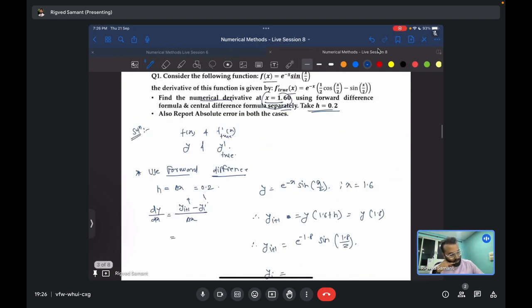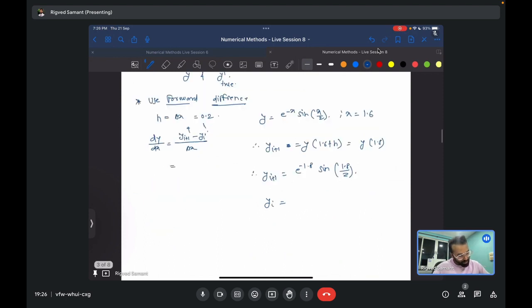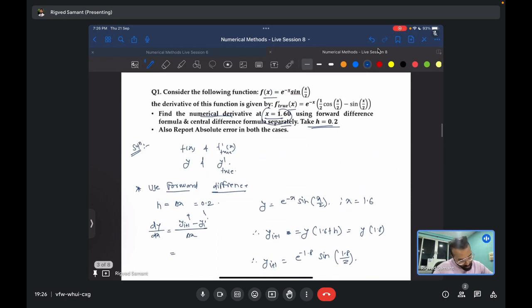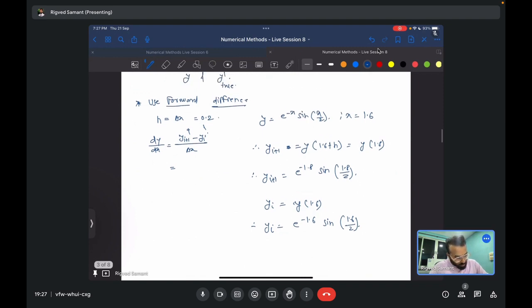Yi is nothing but the true value at 1.6, that is y at 1.6. So yi is equal to e raised to minus 1.6 sin 1.6 divided by 2, and delta x we already know.